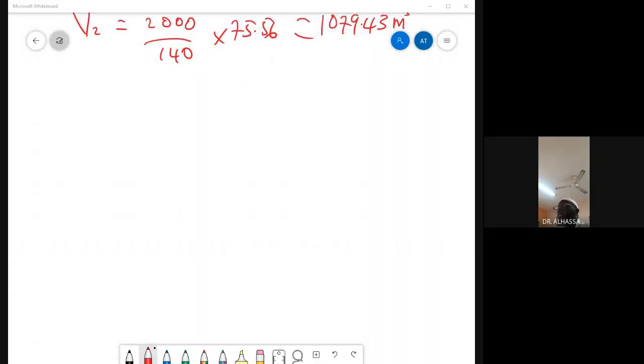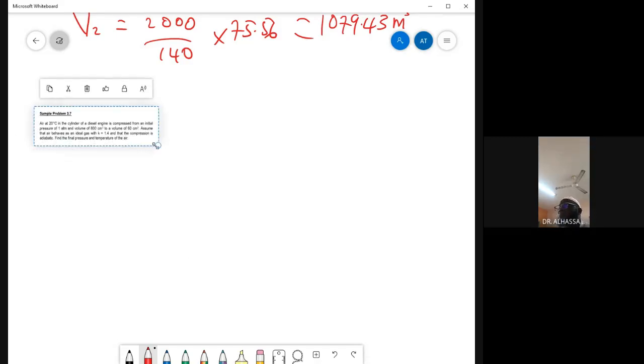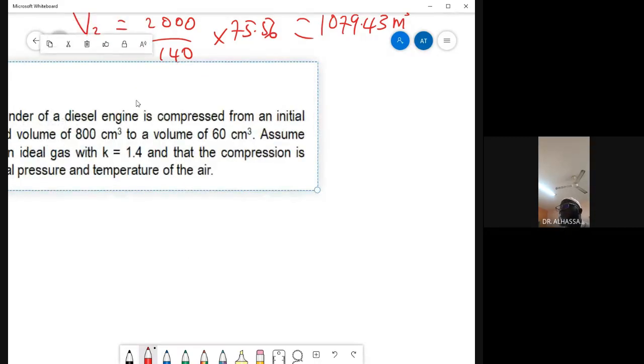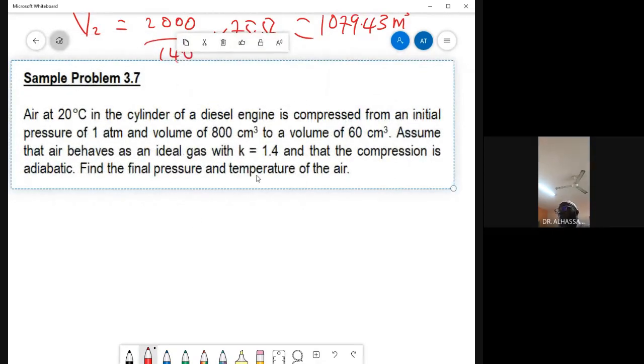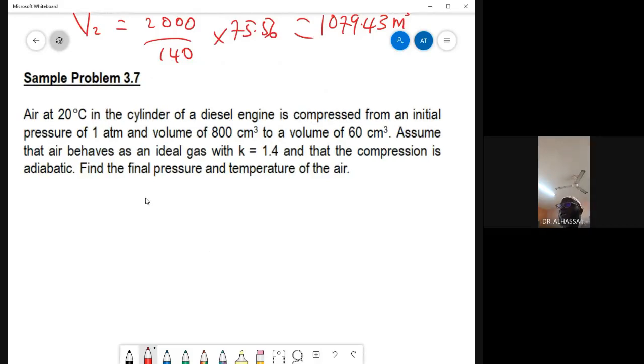So next question, 3.7. Okay, so we have air at 20 degrees Celsius in a cylinder of a diesel engine.